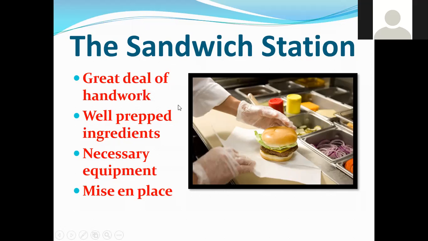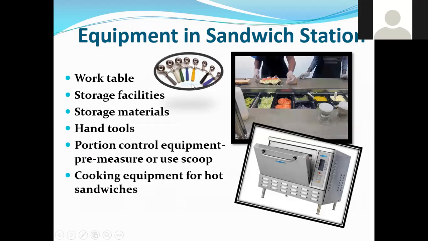Okay, some equipment things that you'll see in a sandwich station. This is kind of what a sandwich station would look like here, and these are all refrigerated bins with these little drop-in containers, and all these containers are prepped by the prep cook either the day before or that morning, filled with all of the kinds of things that go on your sandwiches.